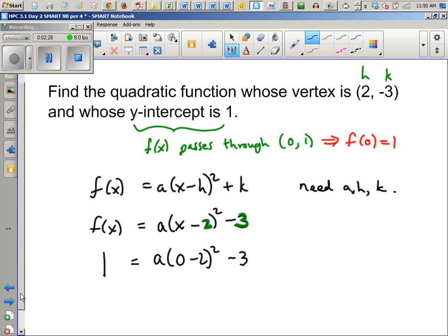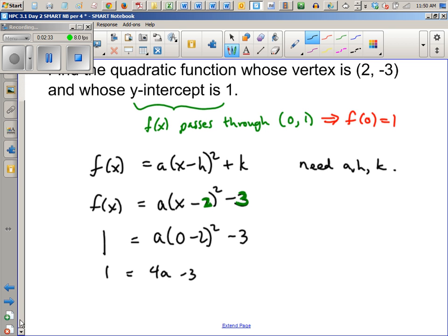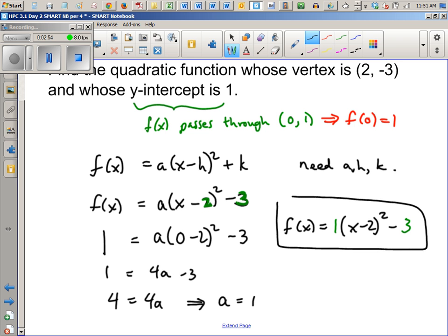So let's just add the 3 over. So this is 4 equals 4a. a is 1. So we actually do know our function entirely. It's f of x equals 1 times (x minus 2) squared minus 3. And there's your function. This is a model.